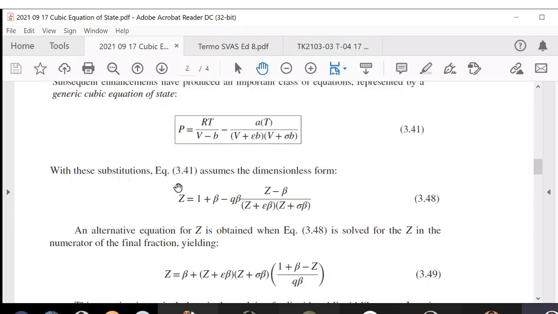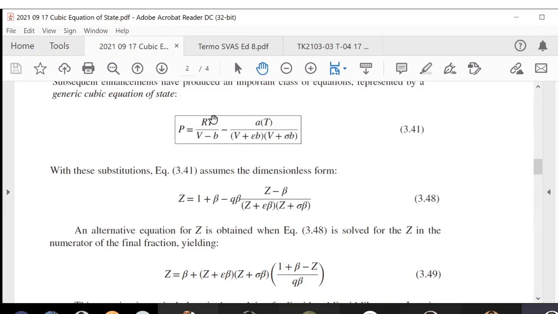The definition of Z, the compressibility factor, is PV over RT. If I have V over here, in order to make it into Z, what do we have to do? We multiply by V over RT. Multiply by V over RT, we get Z over here.